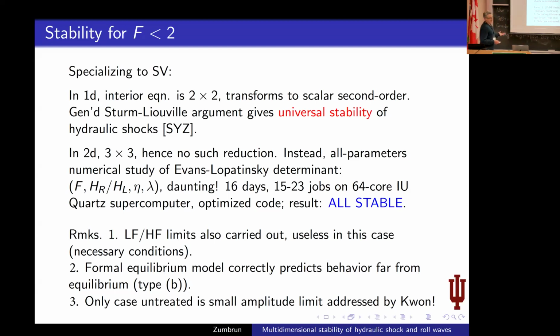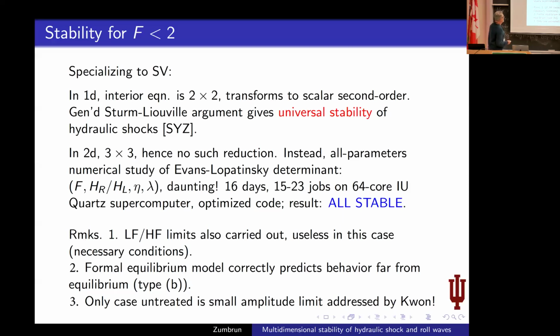And that means you can apply some Sturm-Liouville theory. Some issues though: by doing that, now lambda, the frequency, enters nonlinearly. It's not a standard eigenvalue problem, but it turns out you can use a generalization of the ideas of Sturm-Liouville, and you can prove these are all stable, and we have done that.